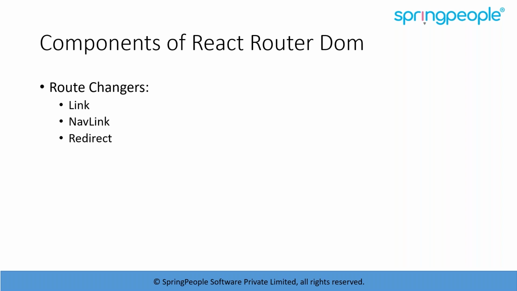One similarity that I can draw is when you're working with hyperlinks. When we work with hyperlinks, basically we use a href which references the page that we want to go to, the HTML page that we want to go to.